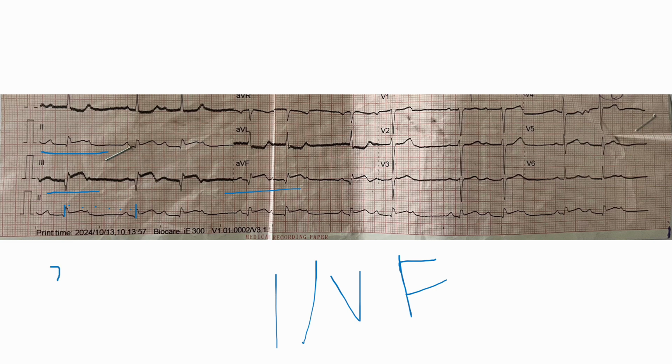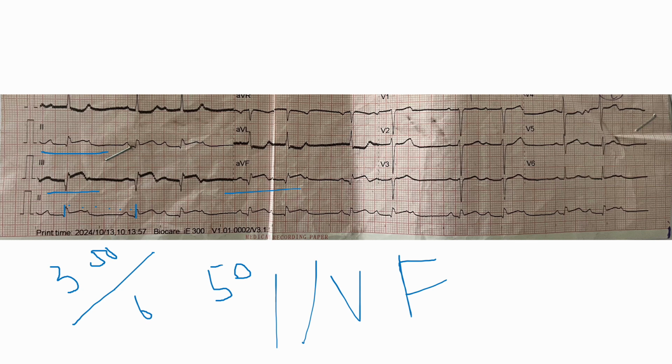Remember, whenever you're calculating heart rate from an ECG strip, one of the ways is to divide 300 by the number of big boxes. Here, between the RR interval, the number of big boxes is 6. The answer is 50, which is obviously bradycardia. Anything less than 60 is bradycardia.